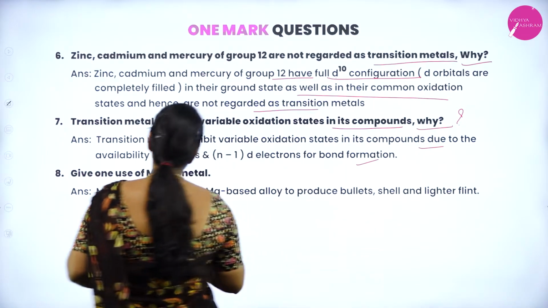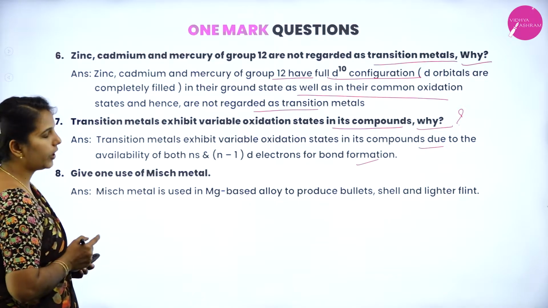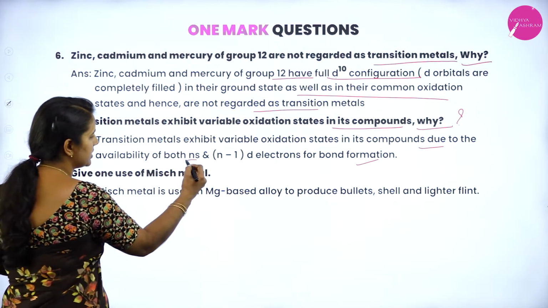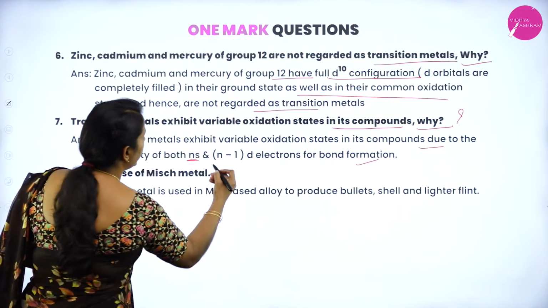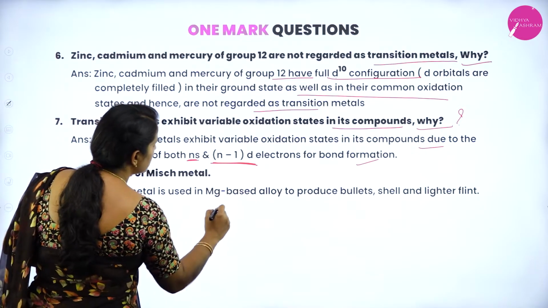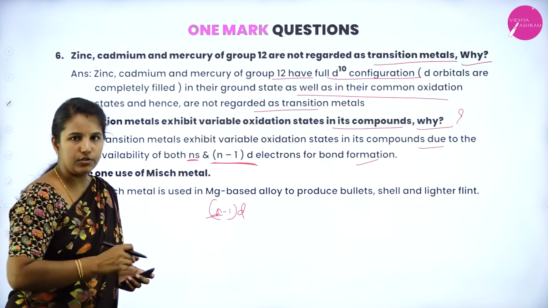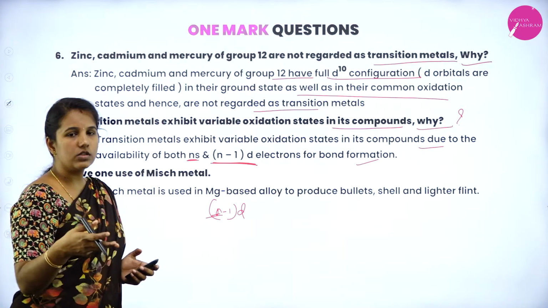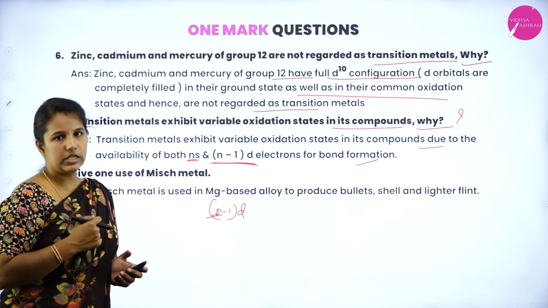As we know, in d block elements, the last electrons enter the ns first, then the inner d orbital. So we write the general configuration as (n-1)d. The electron is added towards the inner shell, so that is why they are also called the inner transition series.